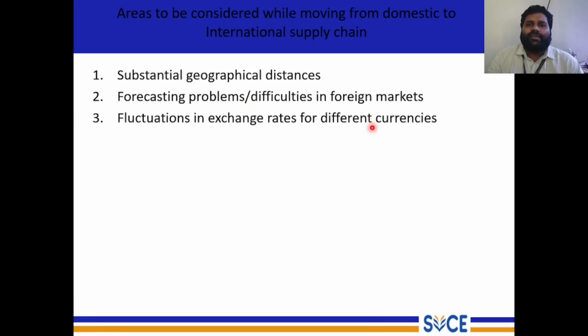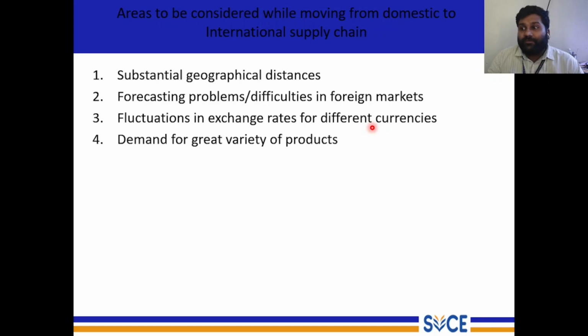Fluctuations in exchange rates for different currencies. Fluctuation is one of the biggest things which has to be taken into account, and those rates have to be looked into because of the different currency amounts. Demand for a great variety of products, because variety means variations, means variance has to be taken into account.